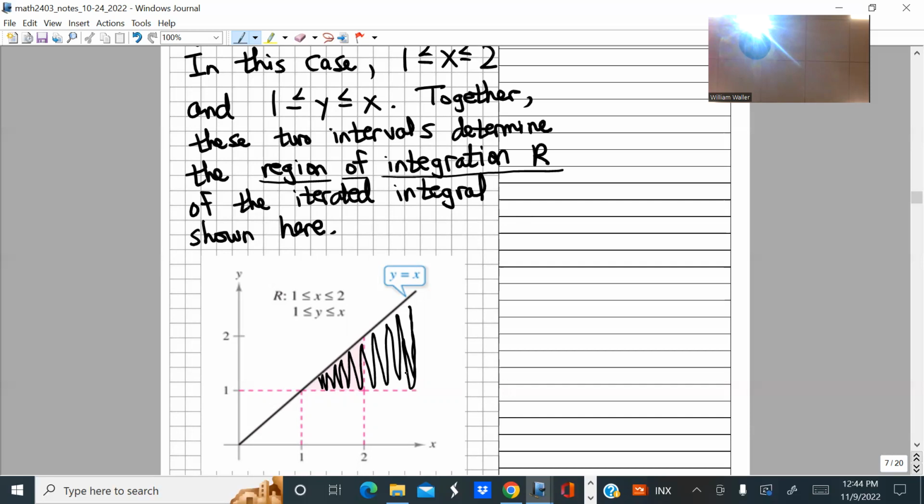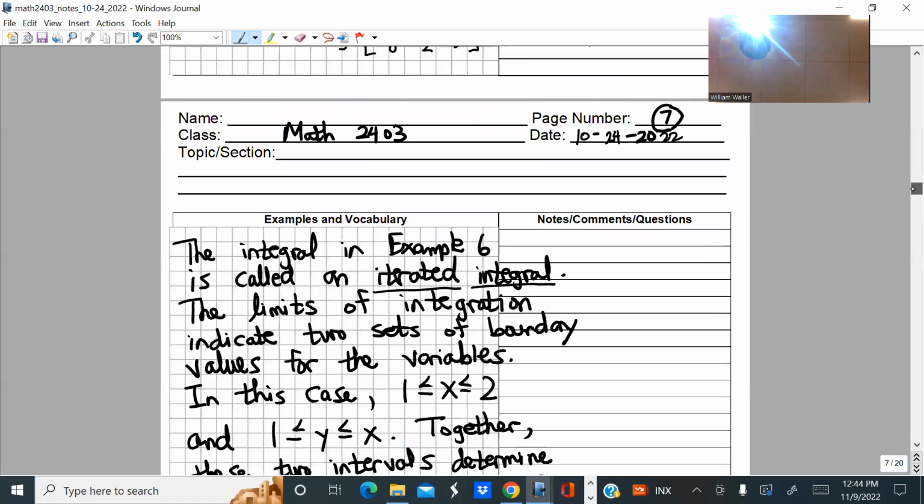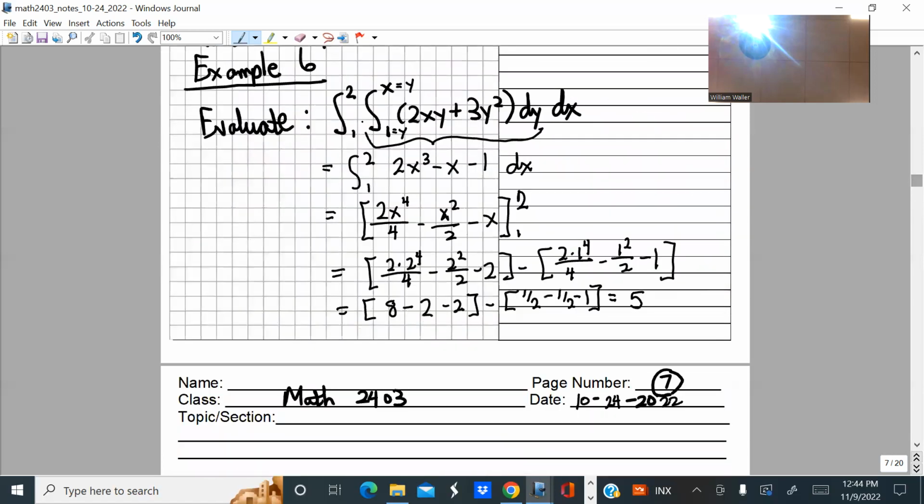But those were just the inner limits of integration, because when we did the second integral, the outside integral, we also had limits of integration there as well. Here we're integrating with respect to x, right? So in this integral, you're thinking of letting x range between 1 and 2.